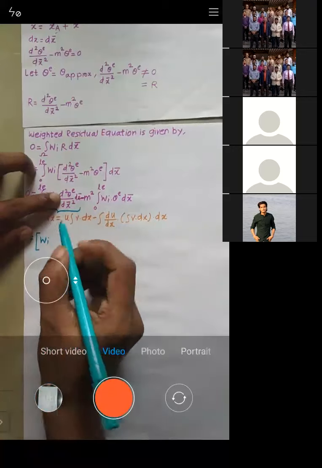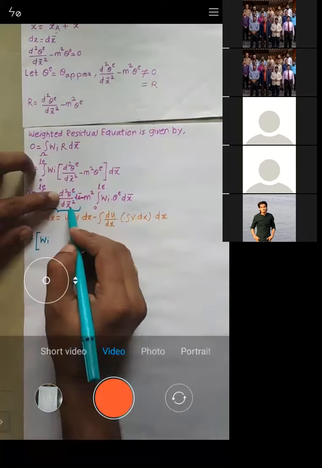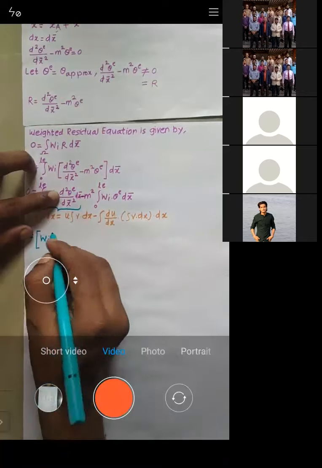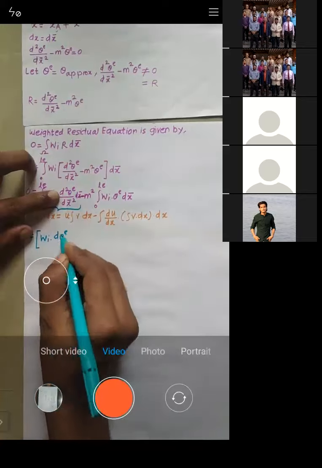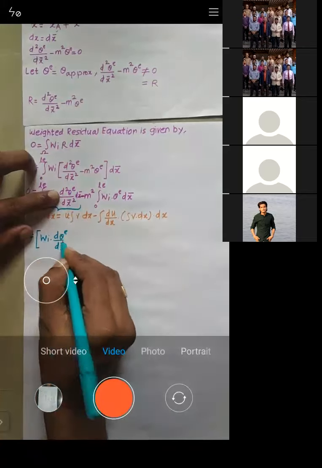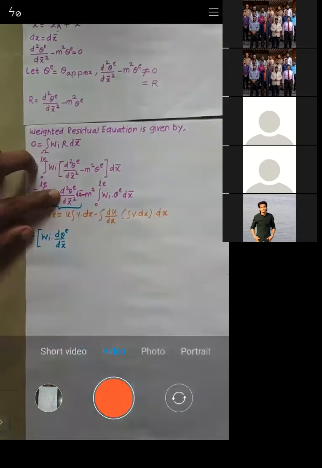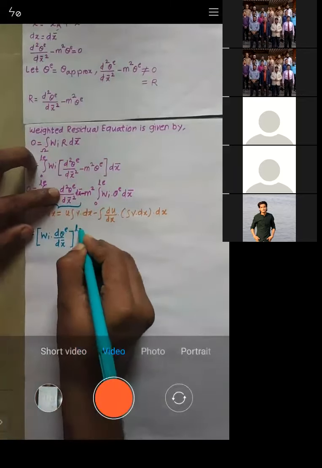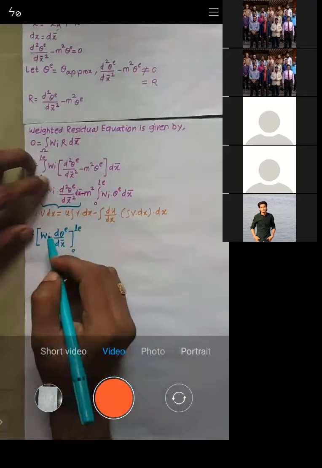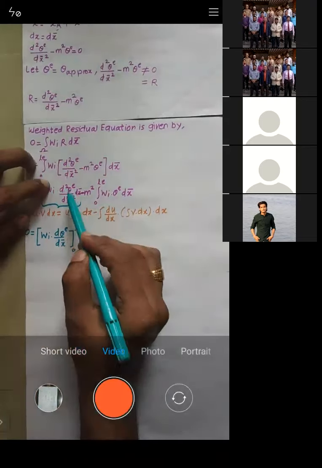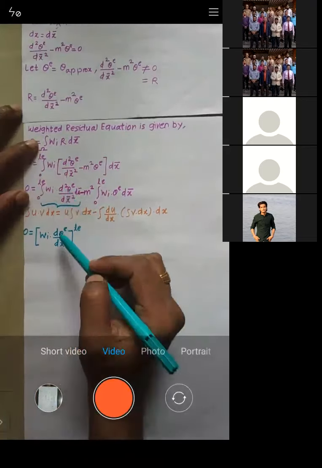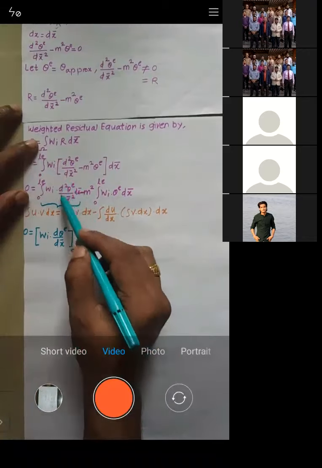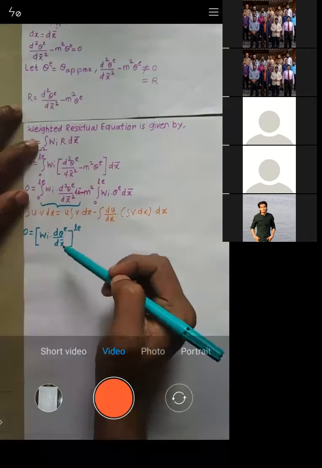Integration of second: integration of d square theta by dx square is obviously d theta e by dx bar. First into integration of second. When you integrate, you need to give the limit, that is 0 to LE. First term as it is into integration of second; integration of the second derivative is the first derivative, right?